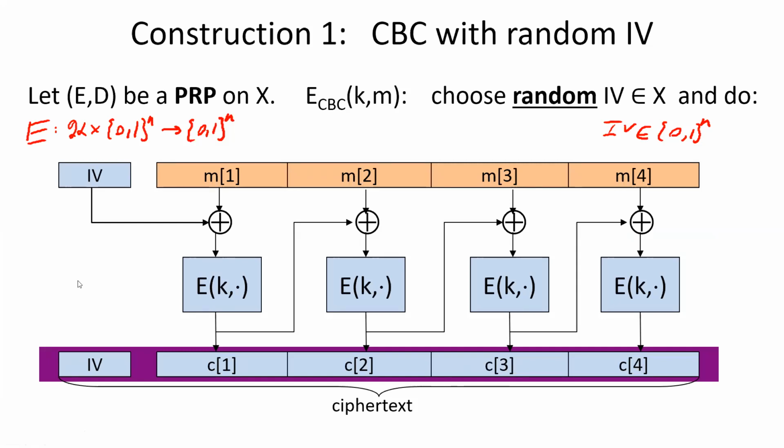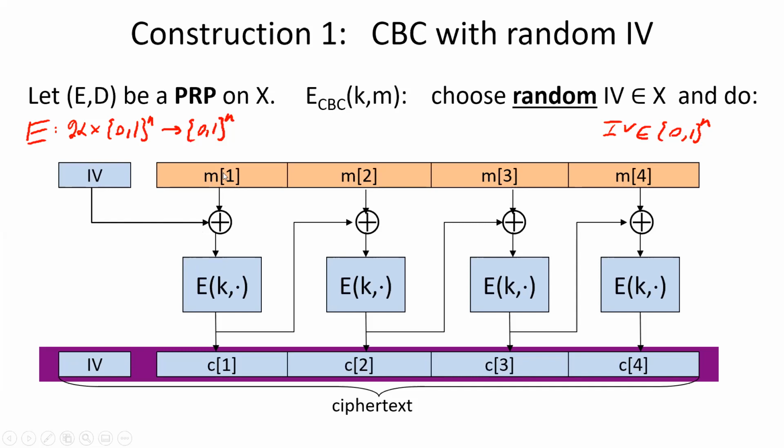These constructions only use weak PRF security, which means that the cipher is always asked on a random point. The adversary cannot arbitrarily choose these inputs.